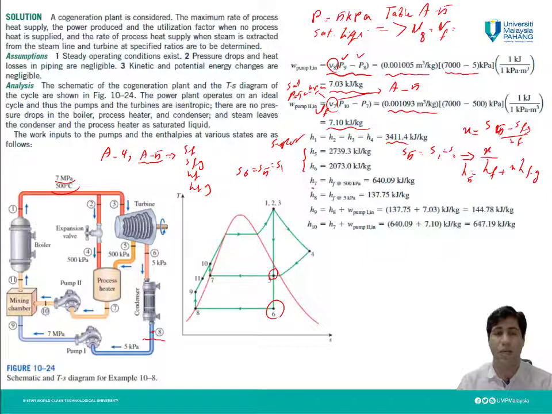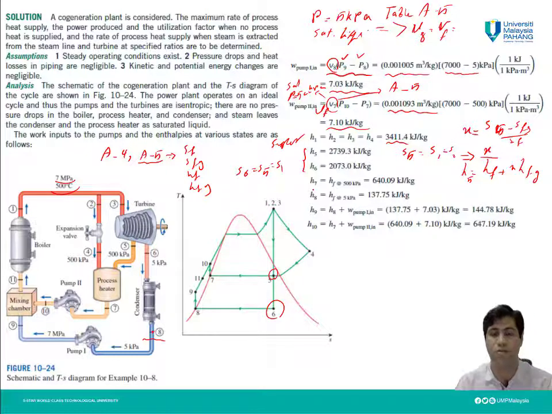What about enthalpy at state 7? If you notice, it is on the saturated liquid line, so it is equal to hf. And what we also know about point 7 is that it is after the process heater, and I already told you in the analysis that the pressure after the process heater will also be 500 kilopascal.